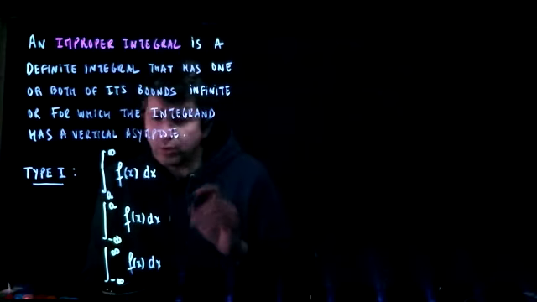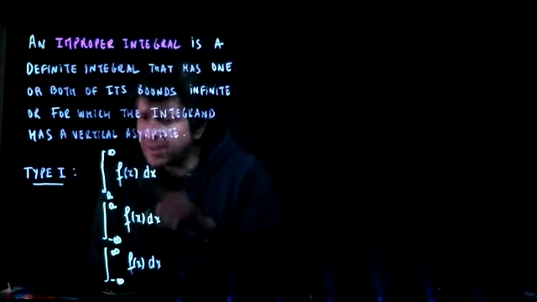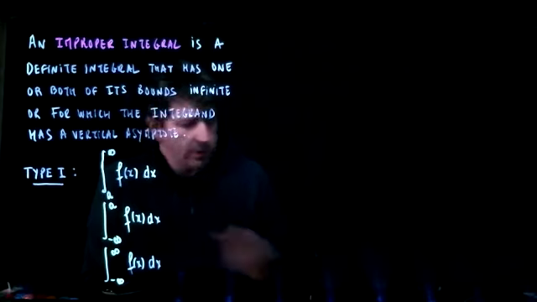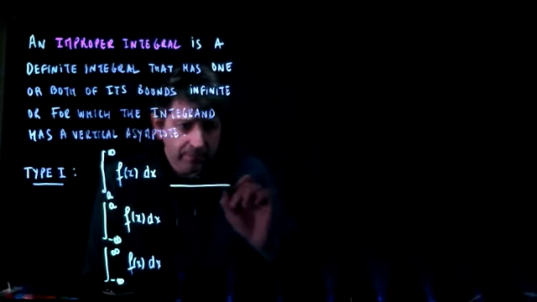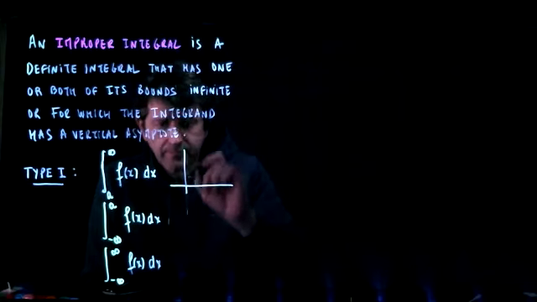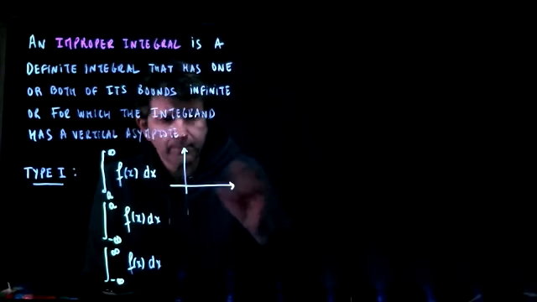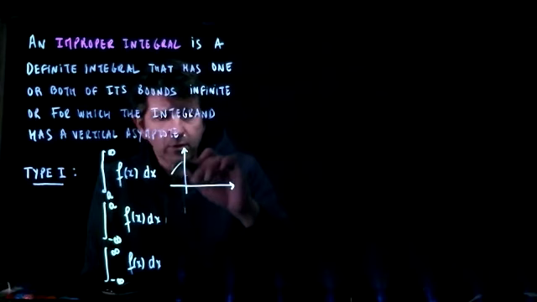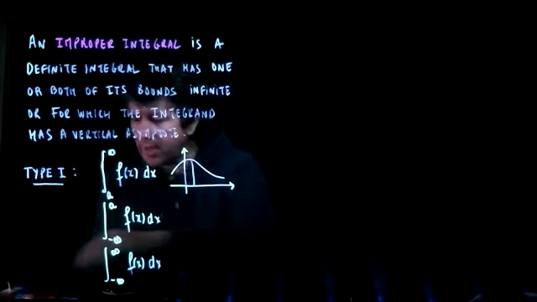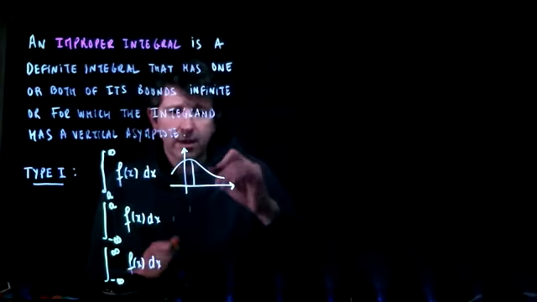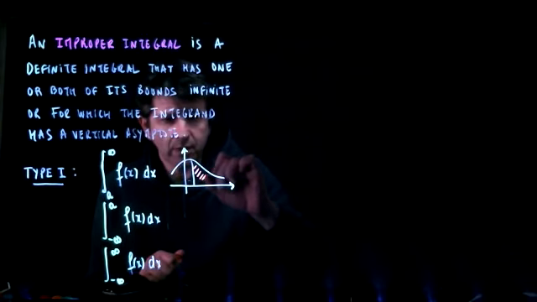Basically, remember that the integral, the definite integral represents an area. Okay, so the first area would be something like this. So I don't care what the function looks like, but I'm interested in the area from a certain value A until infinity.